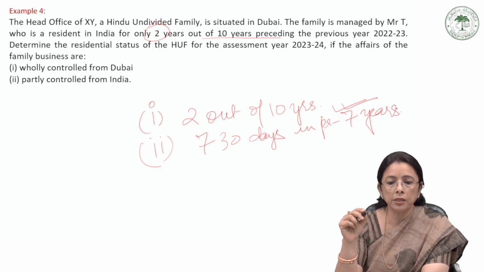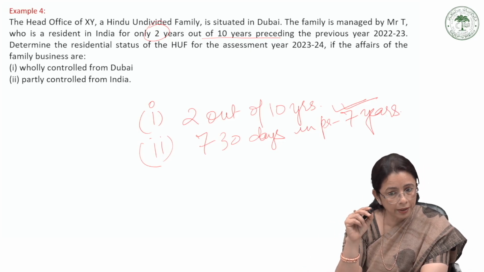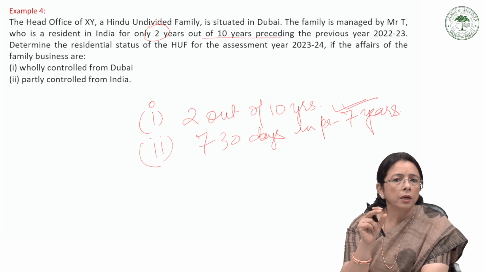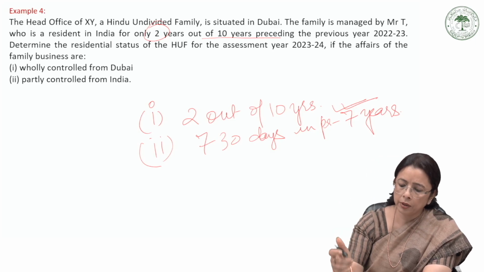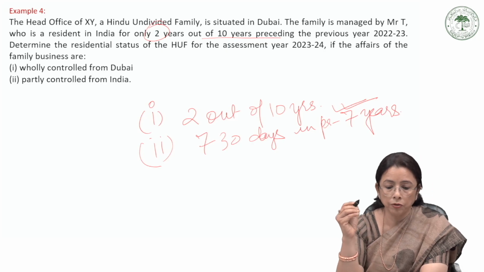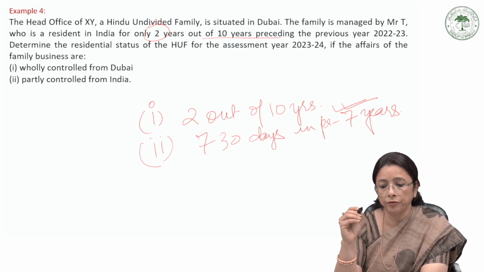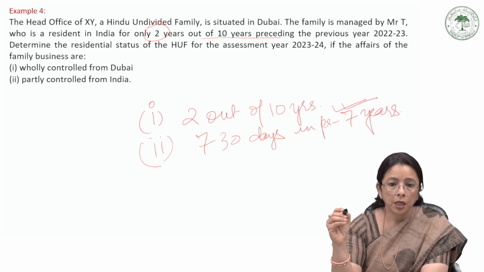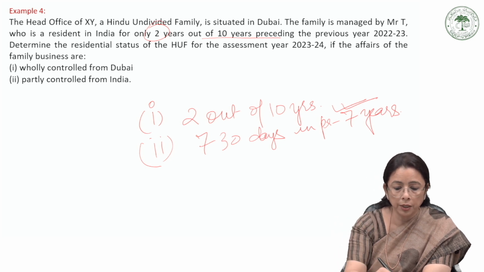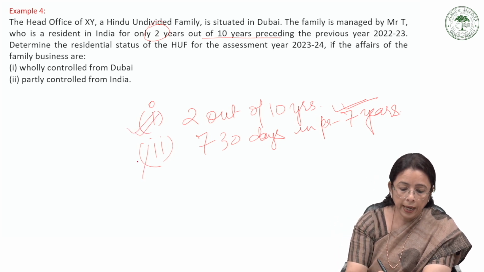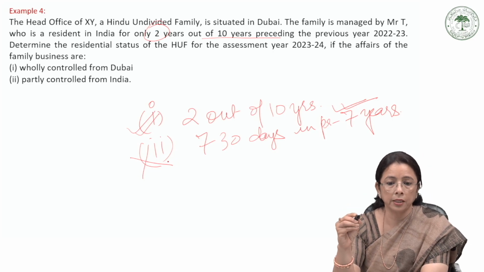In the past 7 years, his total stay should be 730 days, maybe in small parts, or maybe in whatever, but it has to be. But we do not find any this kind of information in the question. We do not get this. He fulfills only the first condition, and he does not fulfill the second condition.